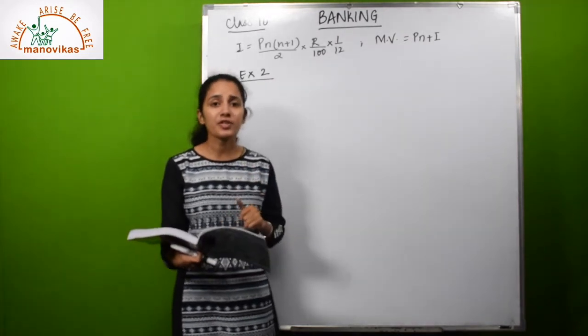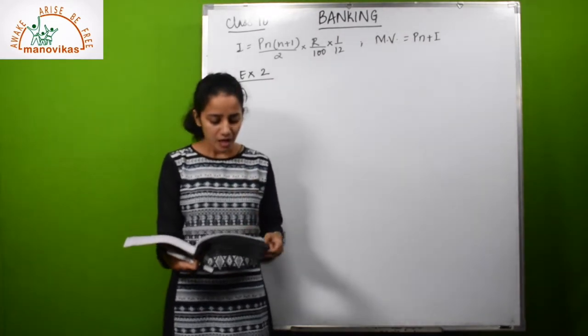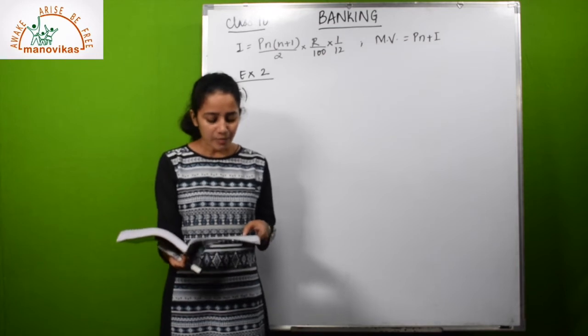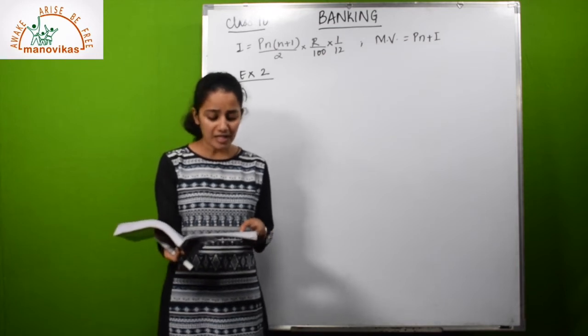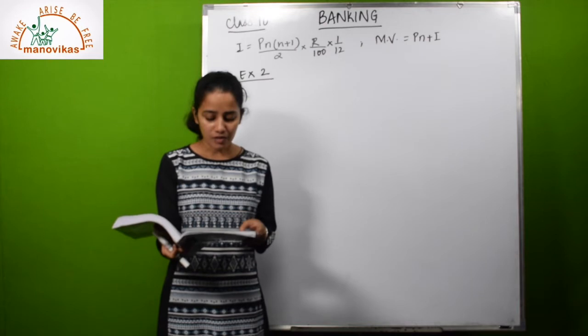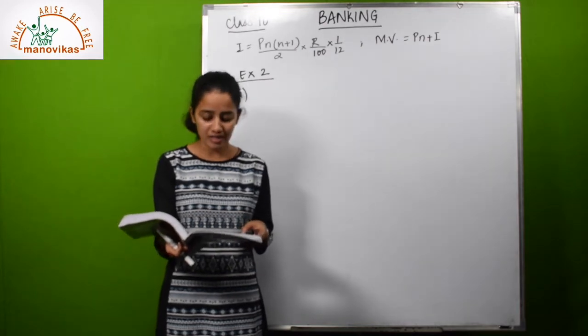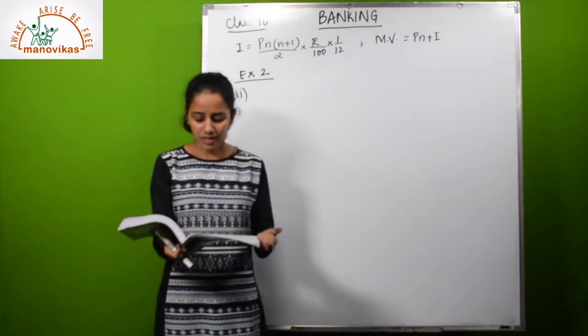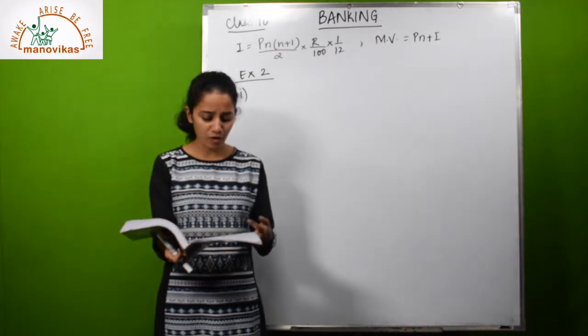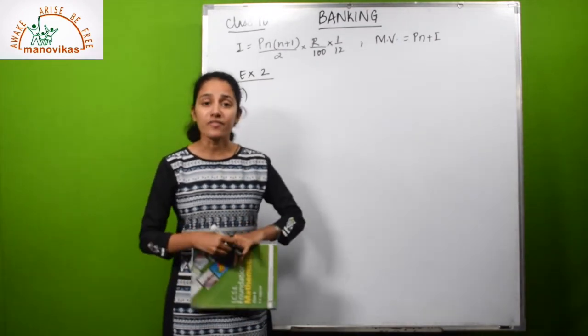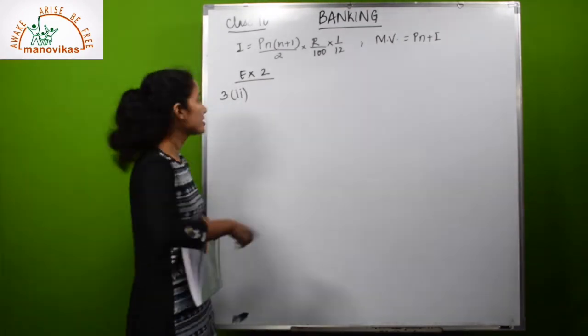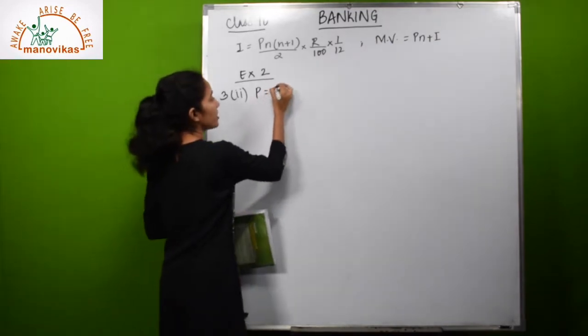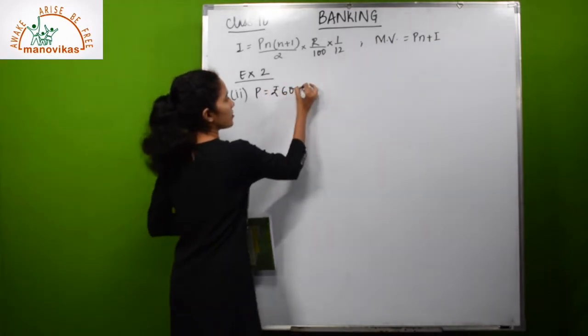Let us consider another problem number 3, the second part. You can pause the video again and read this problem. So in this, reading the problem I have, Sajal invests rupees 600 per month for 2.5 years in a recurring deposit scheme of Oriental Bank of Commerce. So here you are given the principal. So the principal is that she has deposited every month, that is rupees 600.